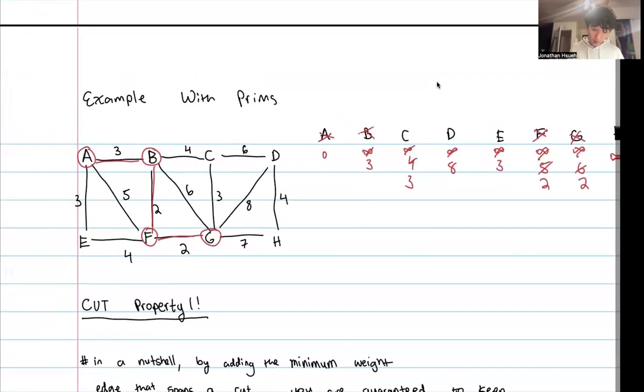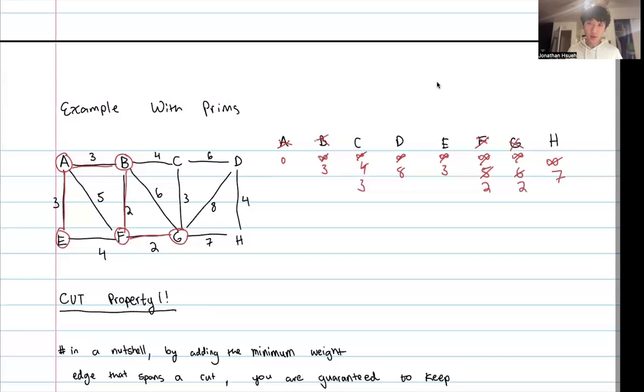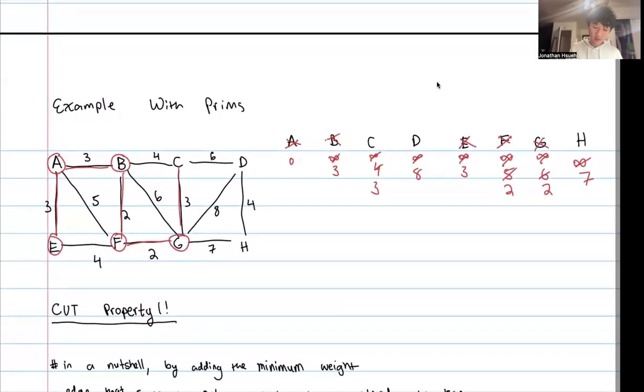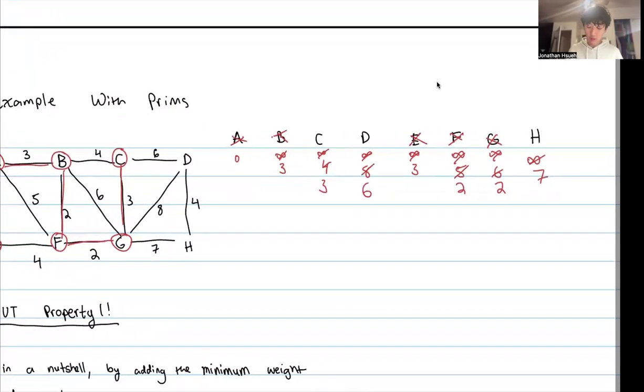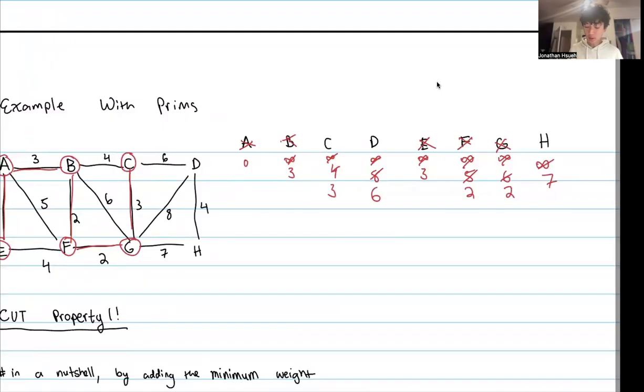It's going to be E. And we're going to add the original edge here. Now E, unfortunately, doesn't have any other path to any other node that we haven't visited yet, so E is done. Now we're going to move on to the next shortest one, and that's going to be C. So we're going to add this edge right here. Now C has a path to D in 6, which is shorter, and then that's about it.